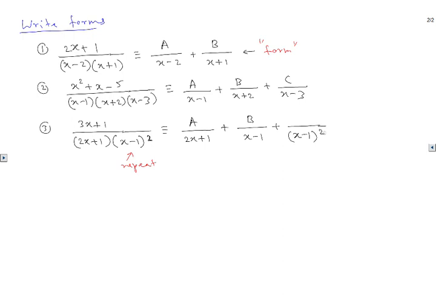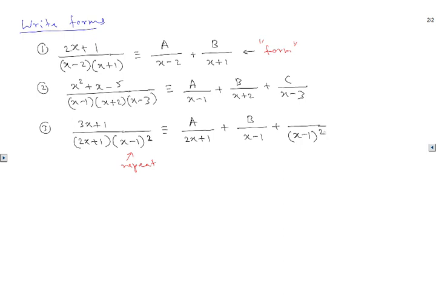You can see that this is squared, which means degree 2. In theory, if the denominator is degree 2, the numerator has to be degree 1, a linear factor. But we don't want to do that.